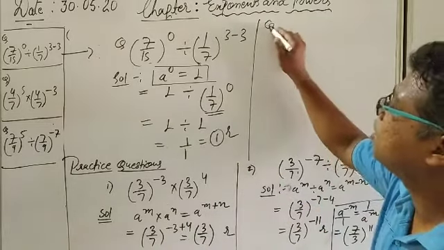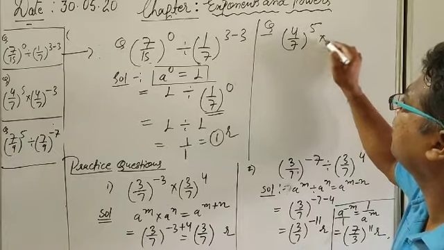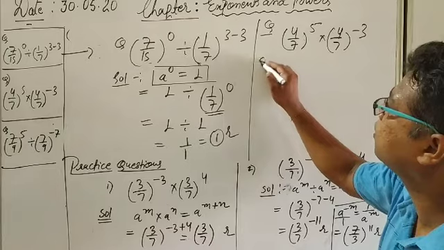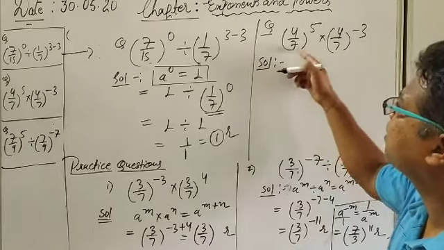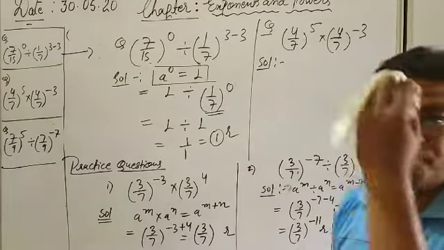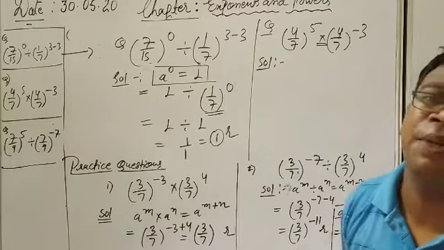Another question is there. See, 4 upon 7 to the power 5 into 4 upon 7 to the power minus 3. See the question first. Either the bases are equal? Yes, bases are equal. 4 upon 7 and 4 upon 7. If the bases are equal, so directly I will see the operation. What is the operation here? Multiplication.